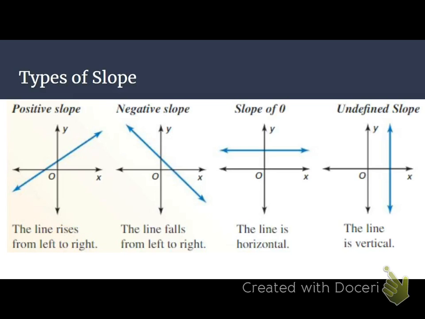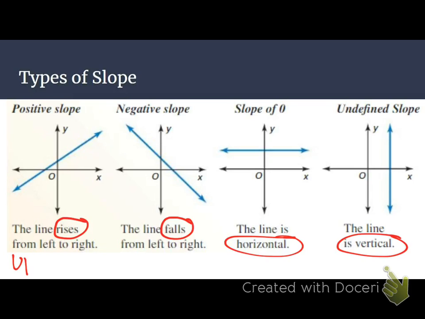The line rises, the line falls, horizontal, vertical. Instead of rises and falls, sometimes we talk about it going uphill versus going downhill. These are the 4 types of slope that we'll see.